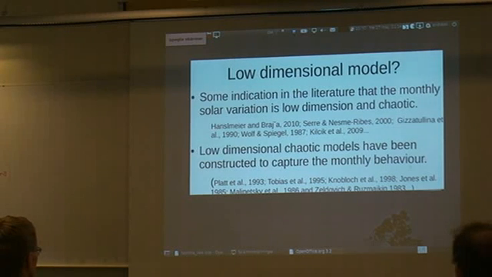And the second one is, in solar physics, there have been a lot of low-dimensional toy models that in certain ranges capture some features of the solar cycle. And someone said that this is actually a much better estimate of the dimension, that if you can make a model that captures the behavior, you have actually shown that.